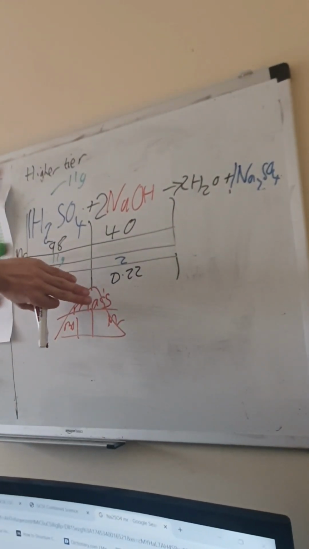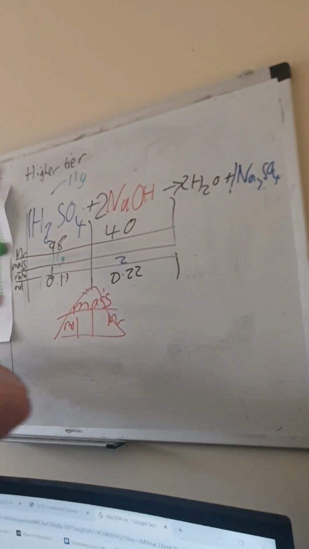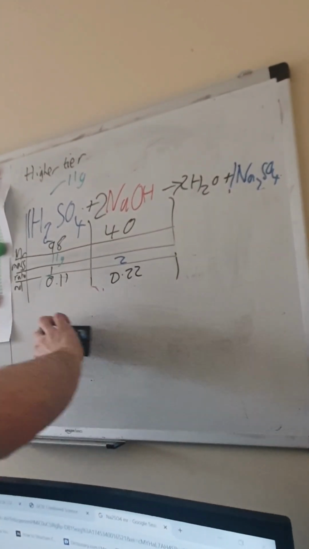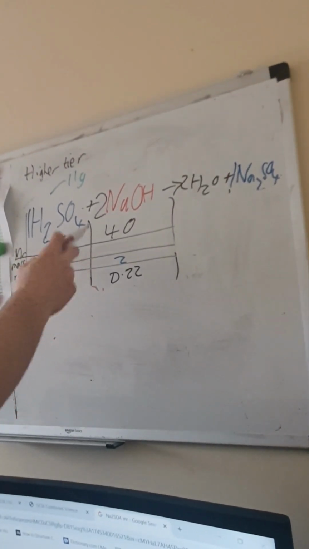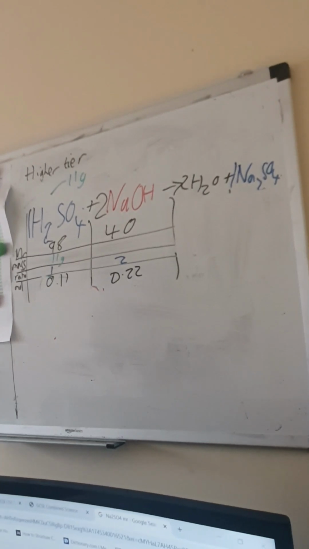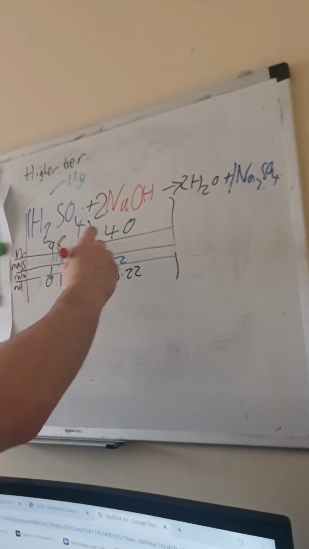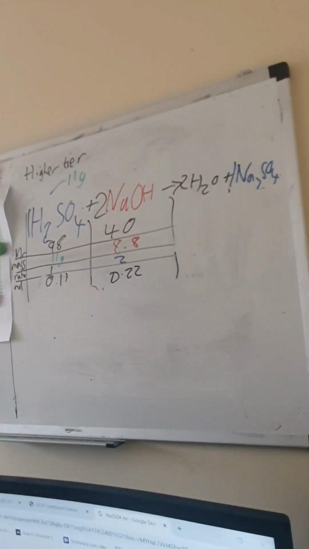So we cover up our mass, and you've only got mole and MR left. So mole times MR, because that's what we've got left. So that's 0.22 times 40. And that gets you to 8.8. And there we go, we filled it out.